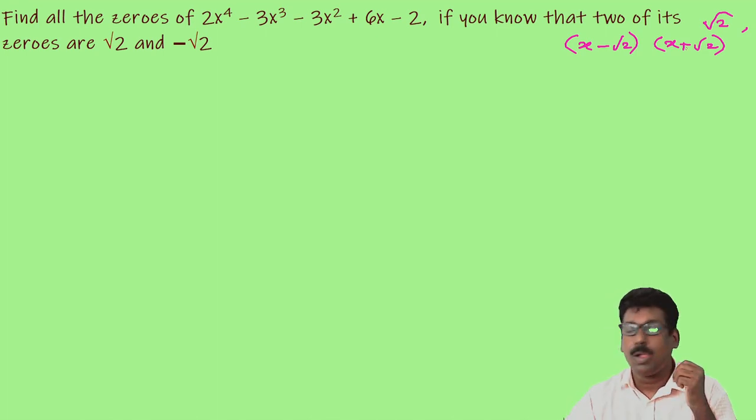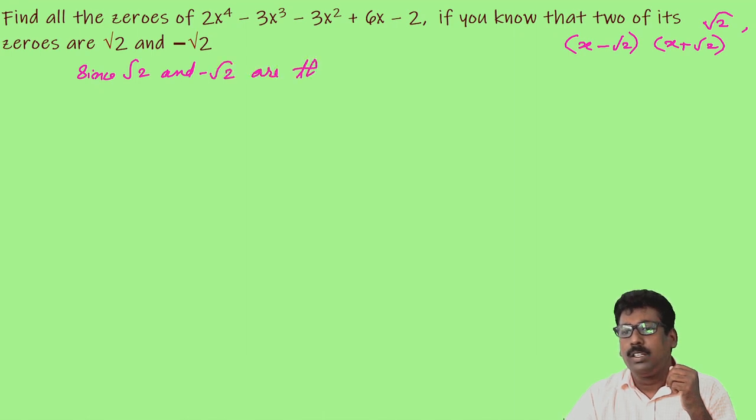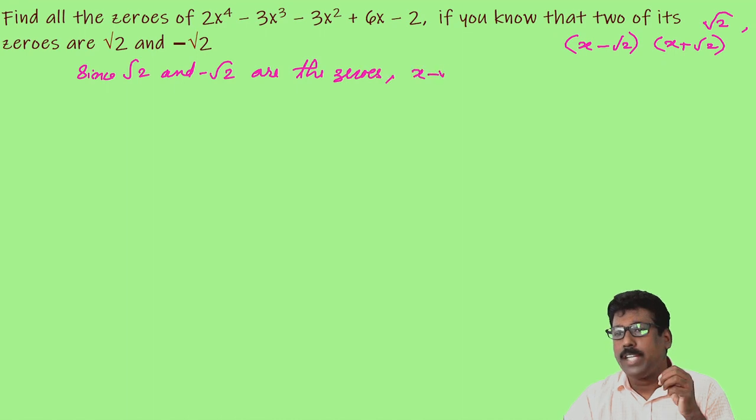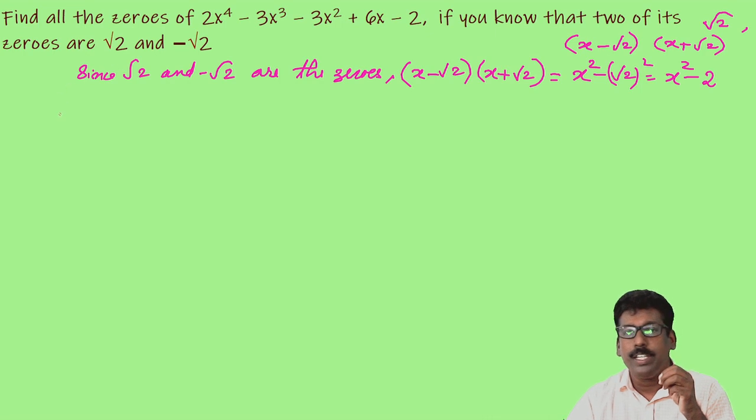So we can write, since root 2 and negative root 2 are the zeros, x minus root 2 into x plus root 2, which is equivalent to x square minus root 2 square, is equal to x square minus 2, is a factor of the given polynomial.